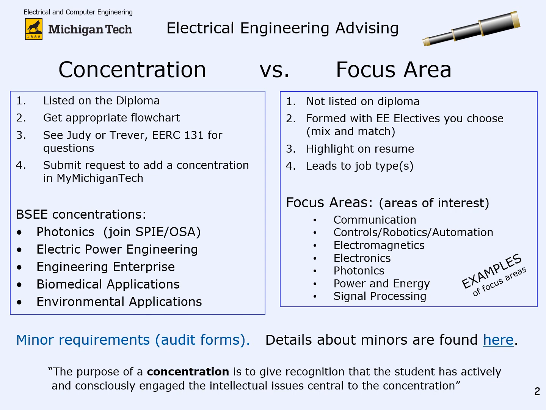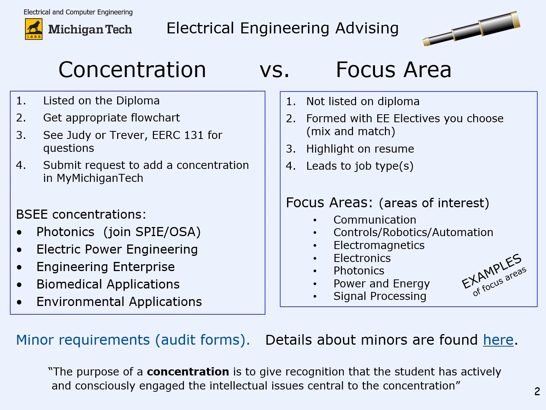Focus areas and concentrations are two different educational pursuits. A concentration is listed on the diploma. A focus area is not. A concentration is a prescribed set of coursework giving the student knowledge and skills in a particular area.